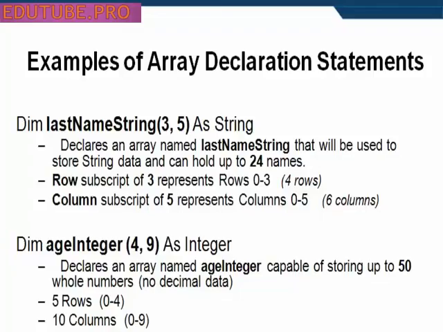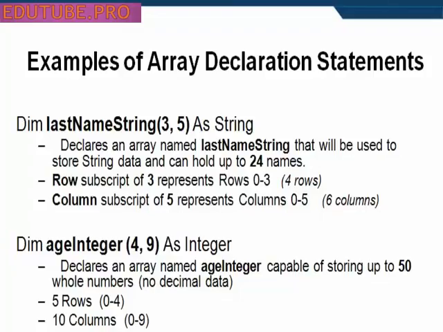This array can hold up to 24 names, because there are 4 rows and 6 columns. Note that the 3 represents rows 0 through 3, where in the column the 5 represents columns 0 through 5, therefore making 4 rows by 6 columns, for a total of 24 names.